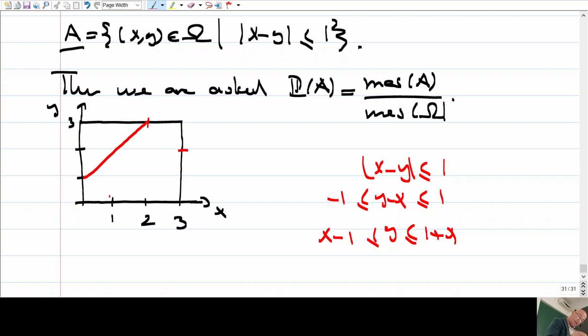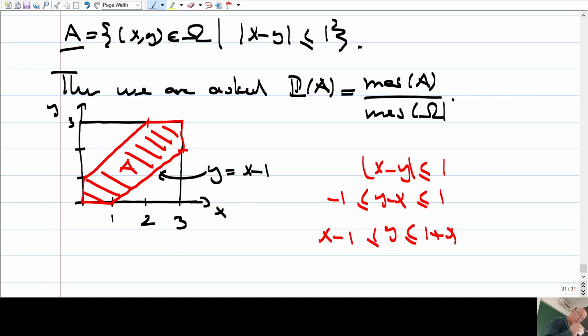This is one of the lines, this is the second line, and A is this region. This line is y equals x minus 1, and this one is y equals x plus 1.